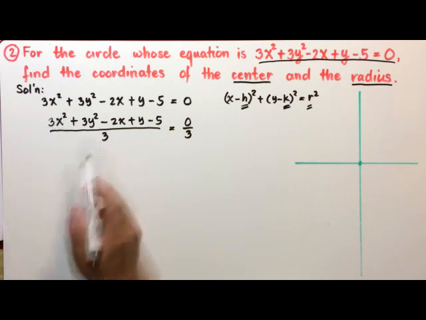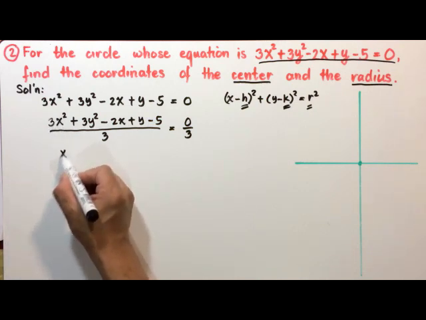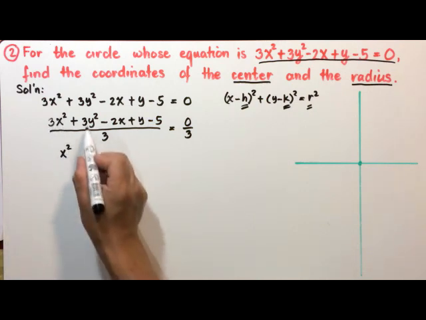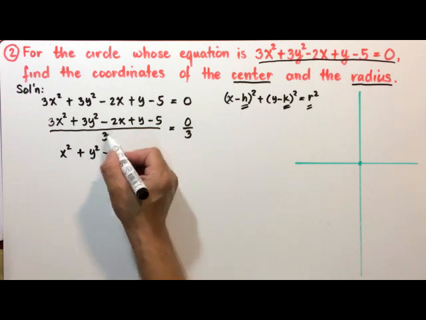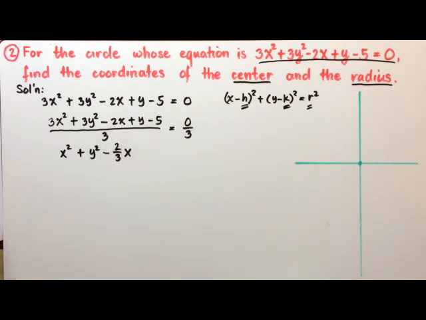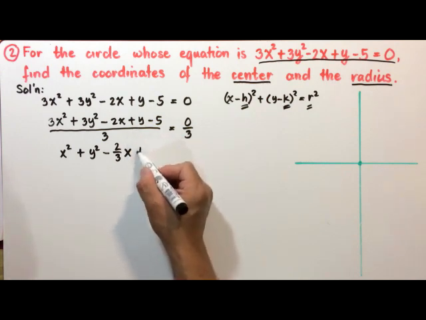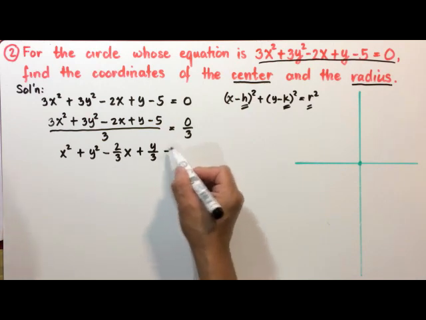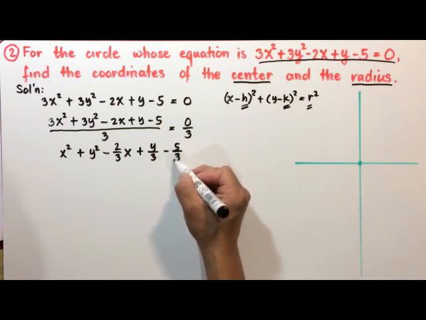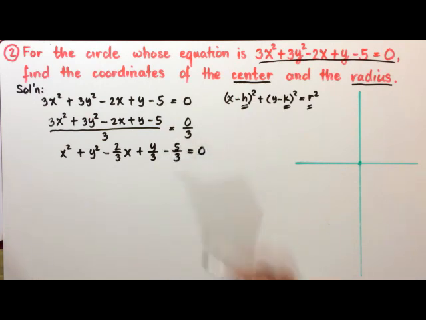So 3x squared divided by 3 is x squared, and 3y squared divided by 3 is y squared. Then I have 2 divided by 3, so that is 2/3 x, plus y over 3, a third of y, minus 5/3 equals 0.